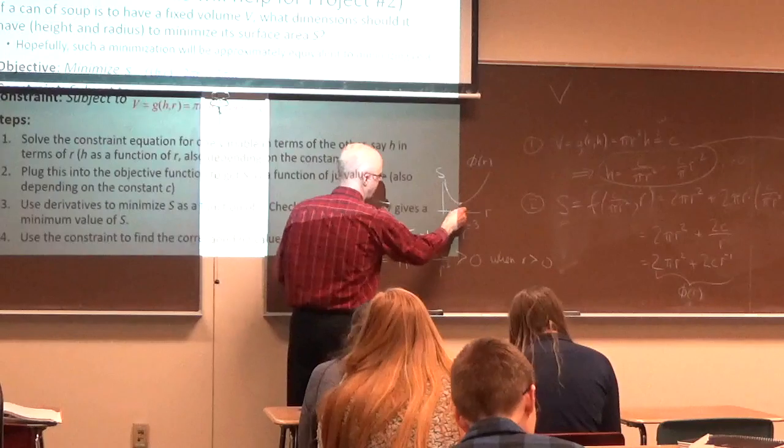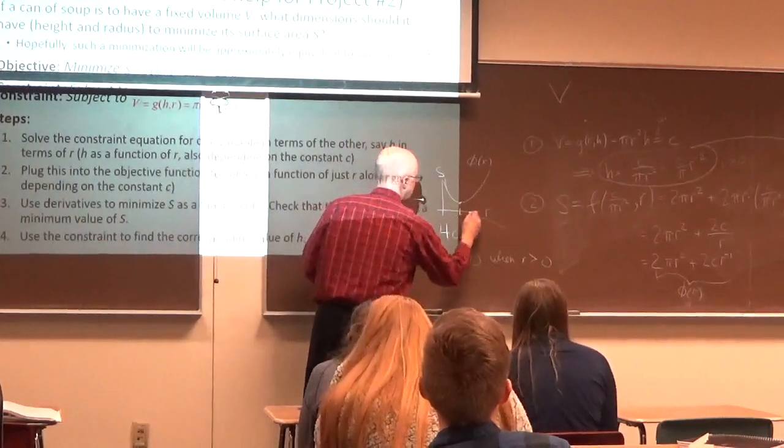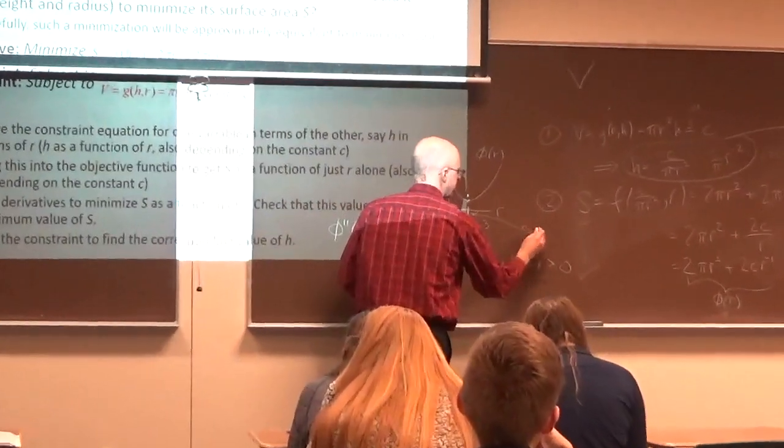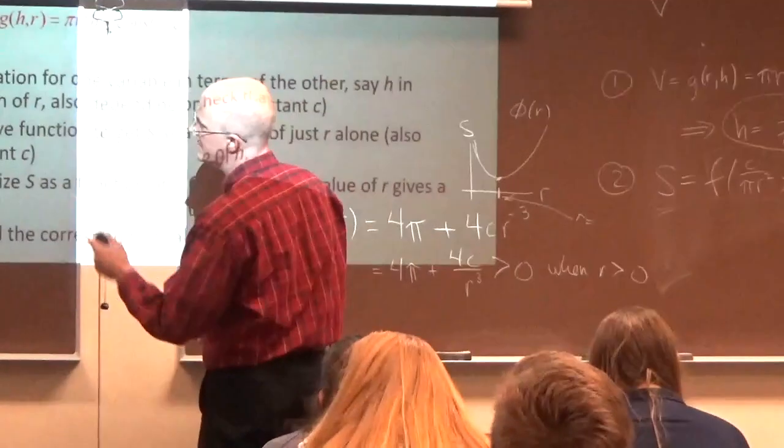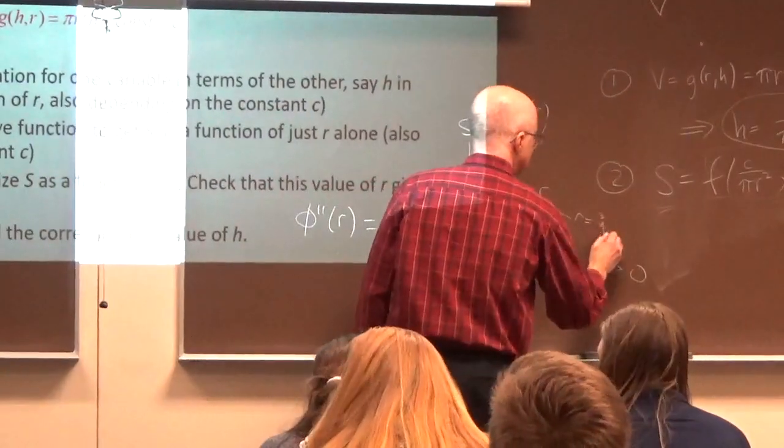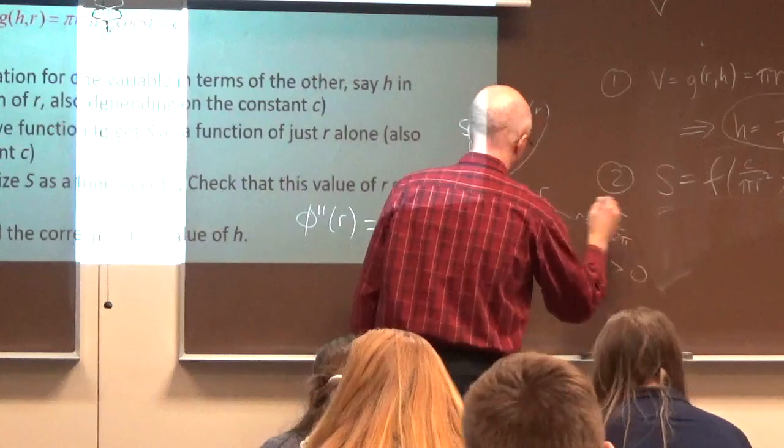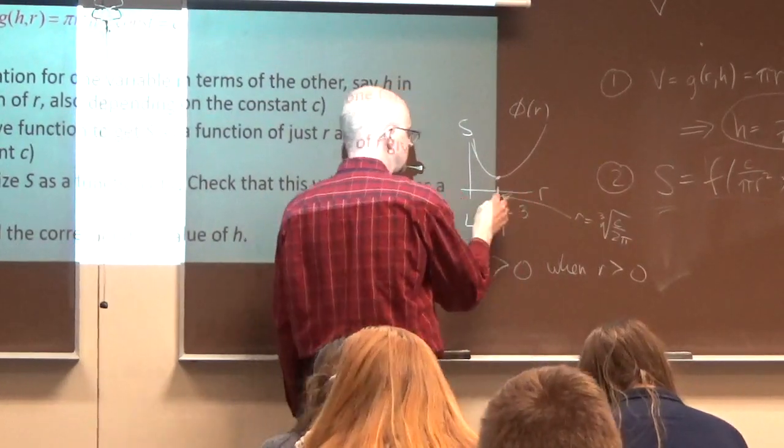That number right there, by the way, is the critical point. That's r equals cube root of c over 2 pi. For a fixed value of c, that's where you are.